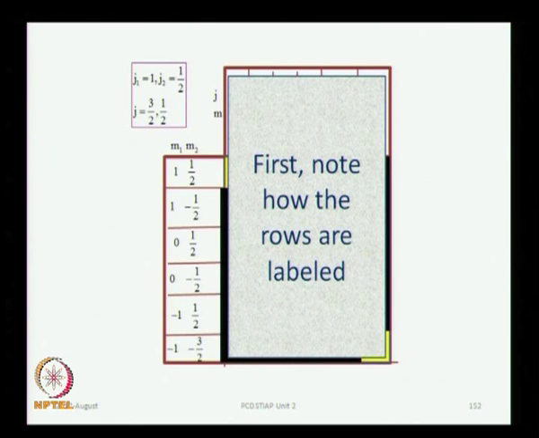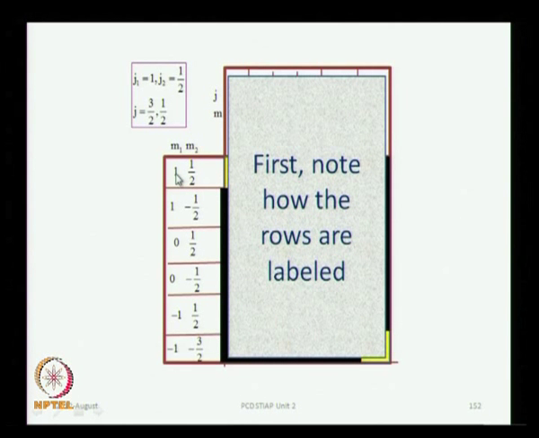How will we compose it? First we will label the rows. We generate an array for a 6 by 6 matrix, then we label the rows, beginning with m1 m2, m1 taking the maximum value that it can and m2 taking the maximum value that it can.